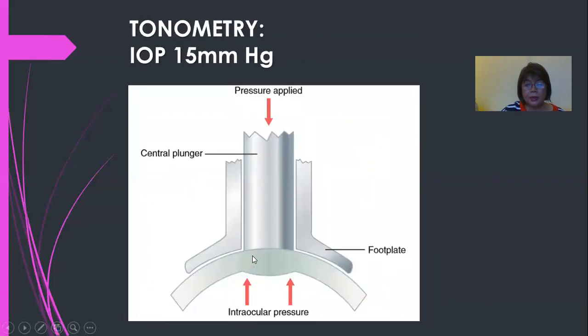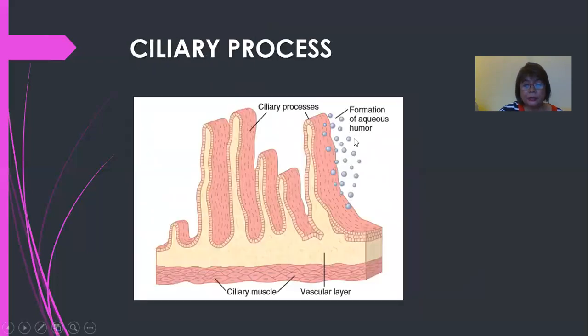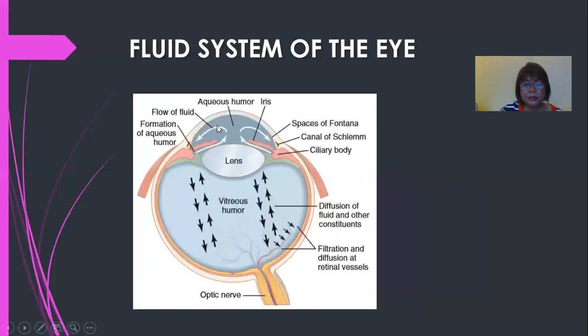There is a normal intraocular pressure of the eye, which is 12 to 20 millimeters mercury. So beyond 20 millimeters mercury, the pressure inside the eye is increased, meaning there is a failure of drainage here.